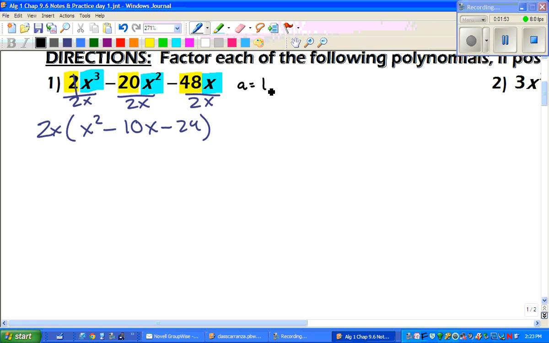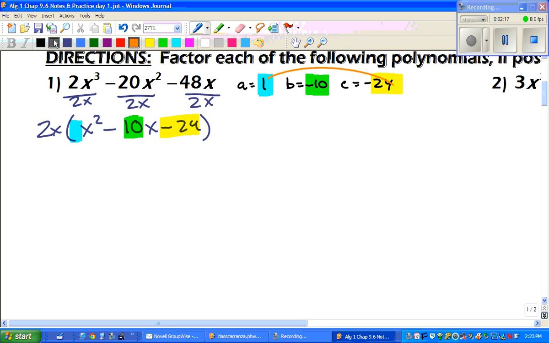So our A is 1, B is negative 10, and C is negative 24. And I got all of that from this equation. I didn't change anything. So we need to multiply those, and we get negative 24.